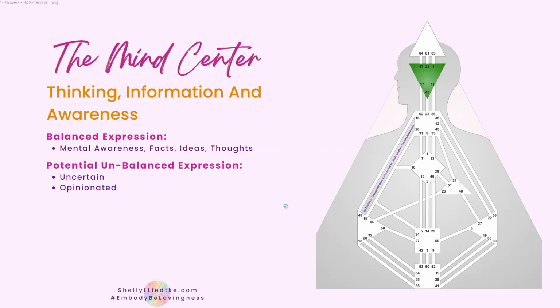This is much like a filing cabinet or a dictionary or the encyclopedia or Wikipedia. So this isn't where we make clear decisions from. This is just an information gathering instrument, if you will. If the energy of the mind center is out of balance, then we may notice that we feel uncertain or opinionated.